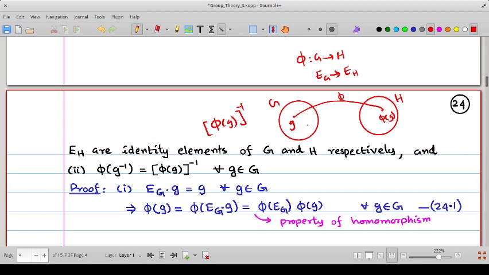Now there will be an element g inverse here in the group G, and it gets mapped under phi to some other element in group H. Now if phi is a homomorphism, this element, that is phi(g inverse), will be the inverse of this element phi(g). So phi(g inverse) will be equal to the inverse of the element phi(g).